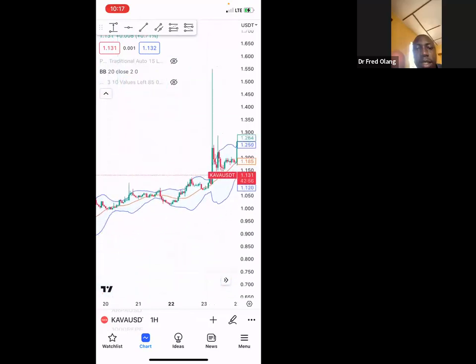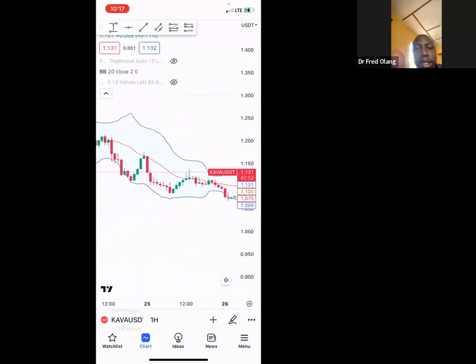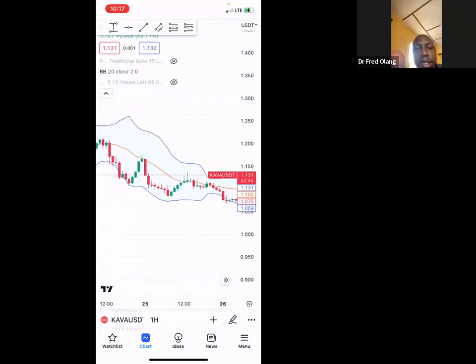Now there is this indicator. The one you see is called the Bollinger Band. Bollinger Bands are those three lines: the lower line, the middle line, and the upper line.